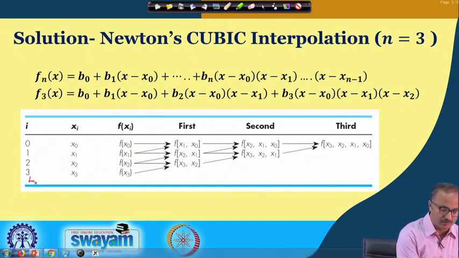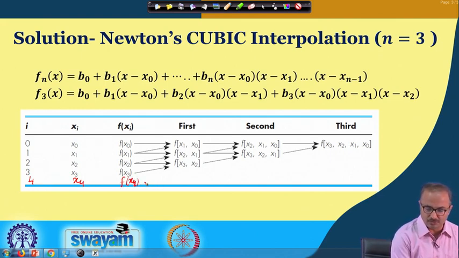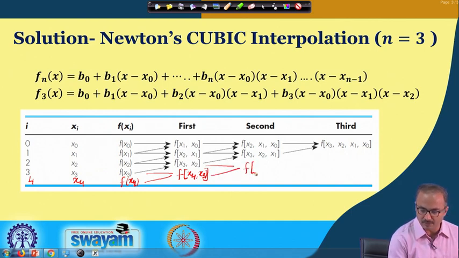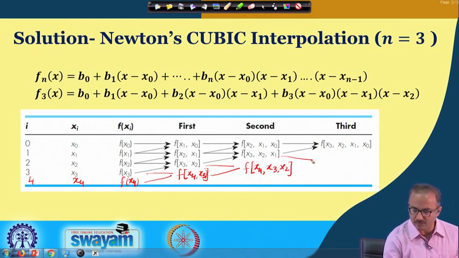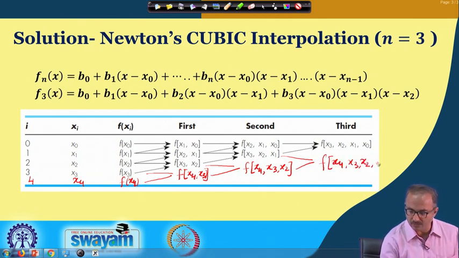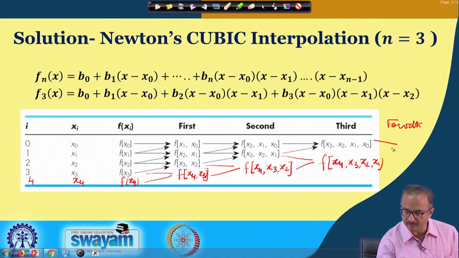Suppose i equal to 4 you put here, then it is x4, then f(x4), and then these two will give you f[x4, x3], and then these two will give you f[x4, x3, x2], and these two will give you f[x4, x3, x2, x1], and then you have the fourth divided difference, and this will give you ultimately f[x4, x3, x2, x1, x0].